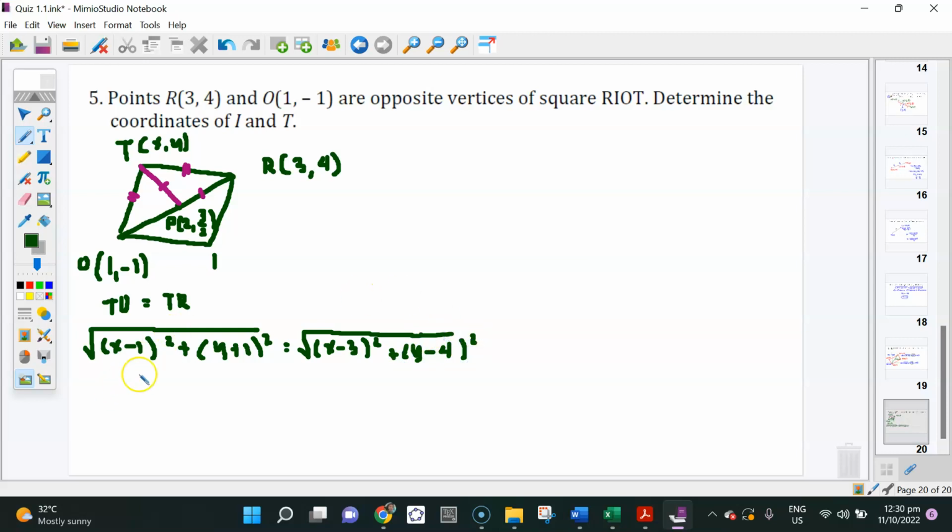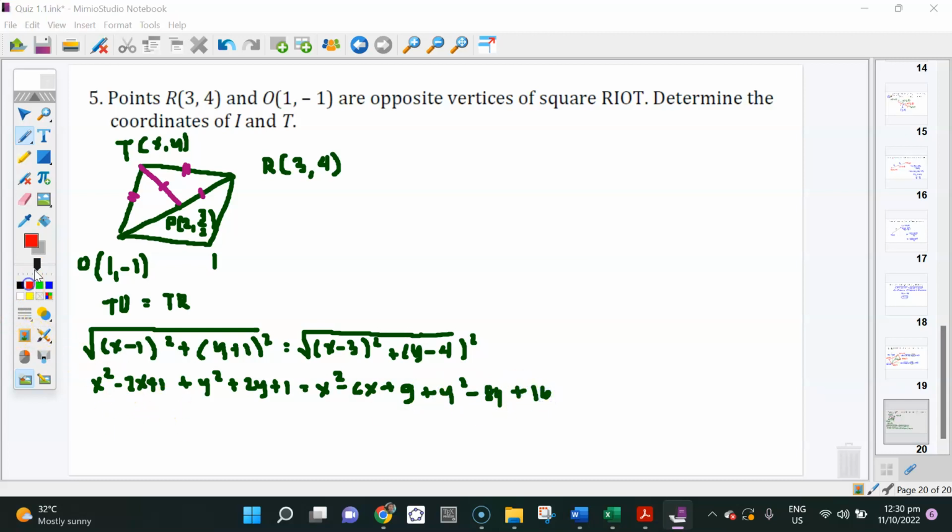Squaring both sides and expanding the binomials, I'm going to have x squared minus 2x plus 1 plus y squared plus 2y plus 1 equals x squared minus 6x plus 9 plus y squared minus 8y plus 16.